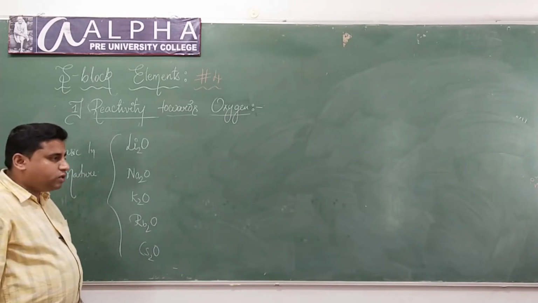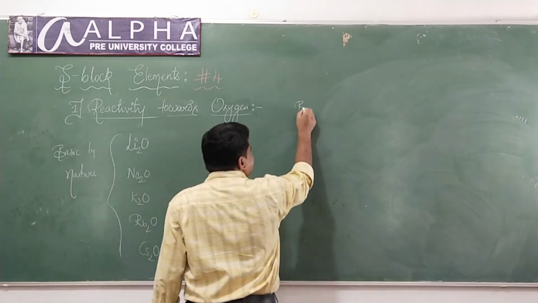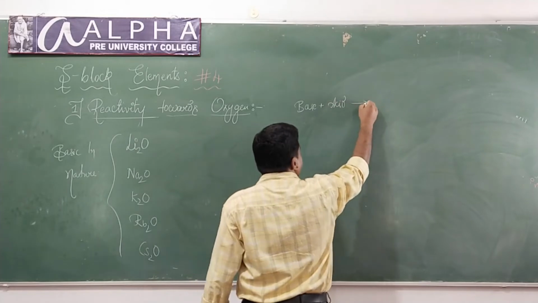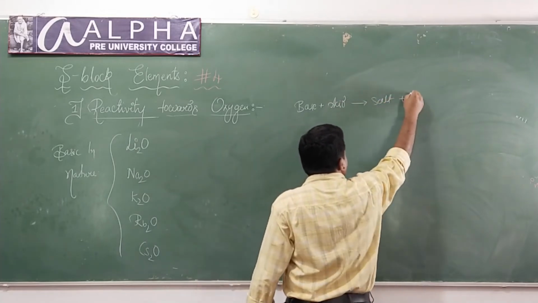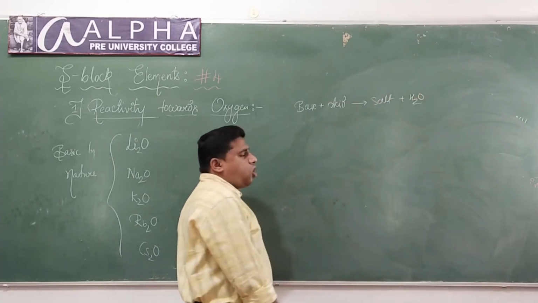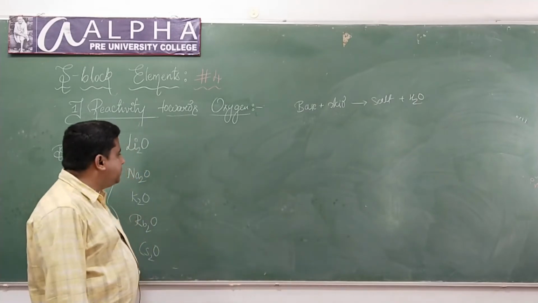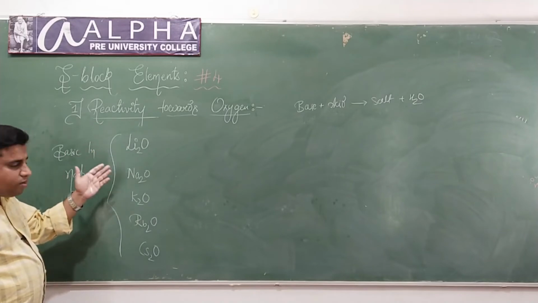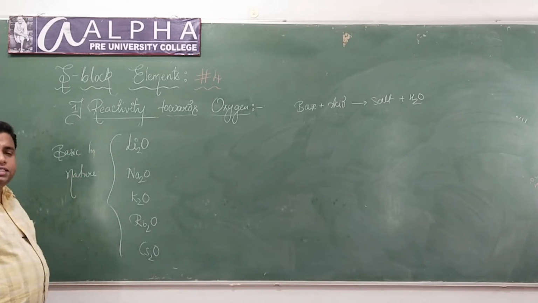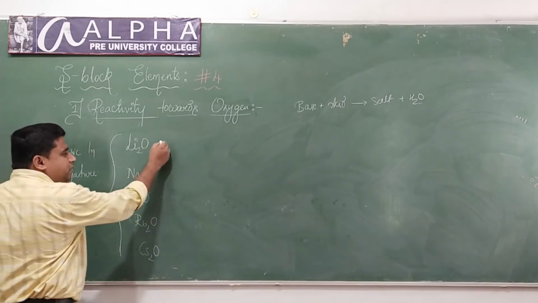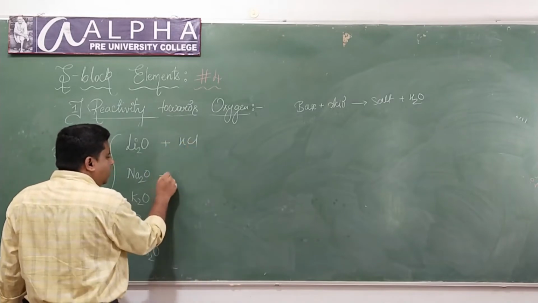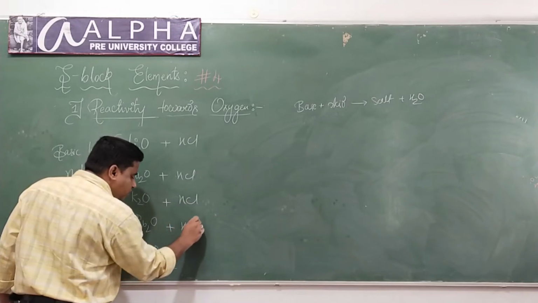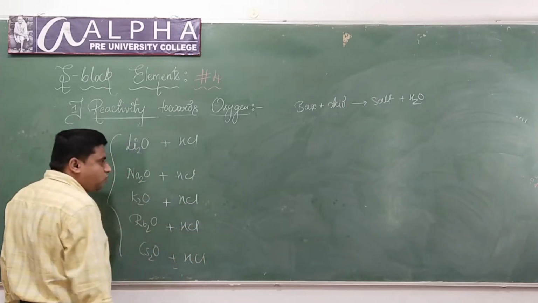Is that correct? We know bases will react with acid to form what? Salt and water, isn't it? Here also, what happens when lithium oxide, sodium oxide, potassium oxide, rubidium oxide and cesium oxide react with any acid? For example, HCl. When they react with acids, they form salt.